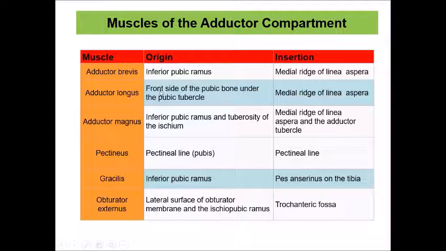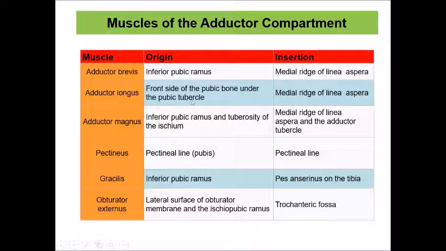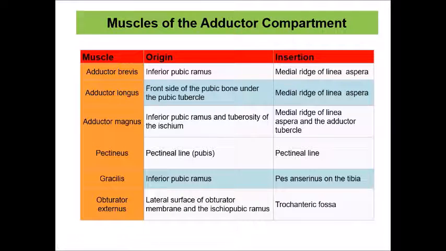The second muscle is the adductor longus. Here again, this is the adductor longus muscle. It takes origin from the front side of the pubic bone under the pubic tubercle. Here is the pubic tubercle, this is the pubic crest, and this is the pubic symphysis between the 2 bones. Just below the pubic tubercle, it takes origin from the body of the pubis.